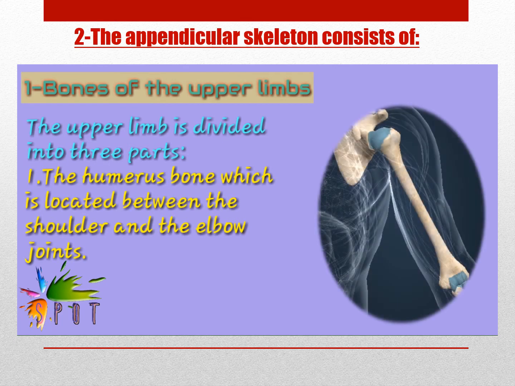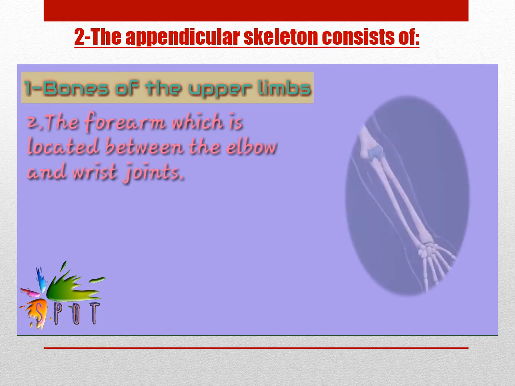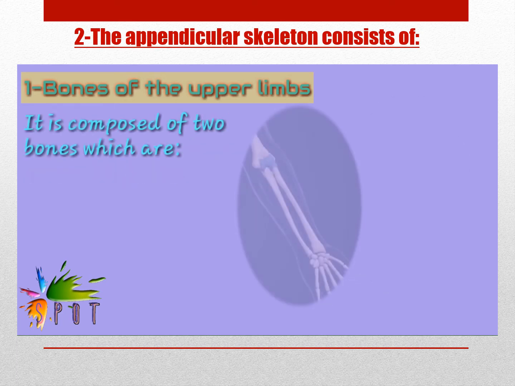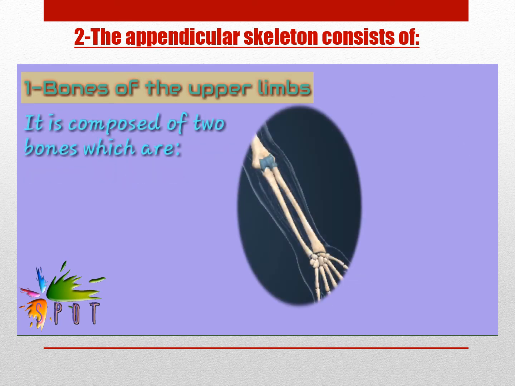There are 3 parts: humerus, shoulder, this is the forearm, composed of 2 bones, ulna and radius.